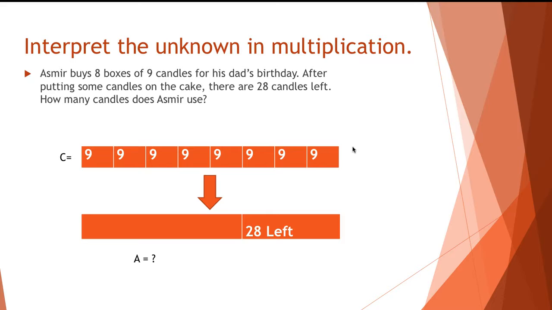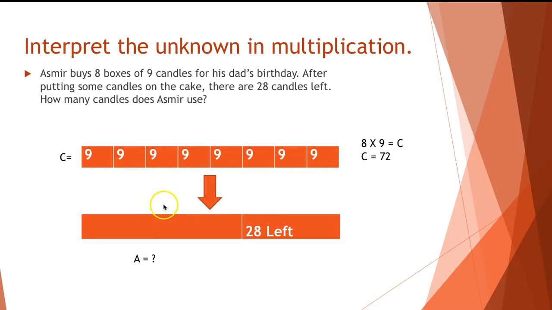All right, let's see if we got a similar answer. 8 times 9 equals the number of total candles, and 8 times 9 equals 72. So we have 72 total candles. Now that we know the total number of candles, which is 72, we can now figure out how many Asmir used if he had 28 left after putting the candles on the cake.